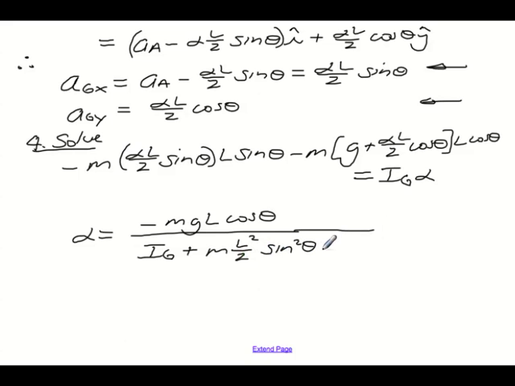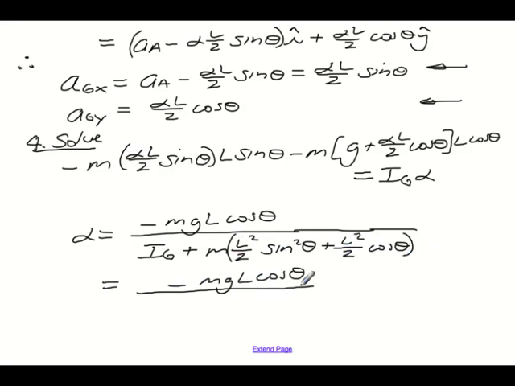I'm going to have an m L squared over 2 cosine theta, like this. So this becomes minus mgl cosine. Sine squared plus cosine squared is 1, so this becomes IG plus ML squared over 2. The negative sign means that I guess plus, and I was wrong. It's actually a negative in the clockwise sense.